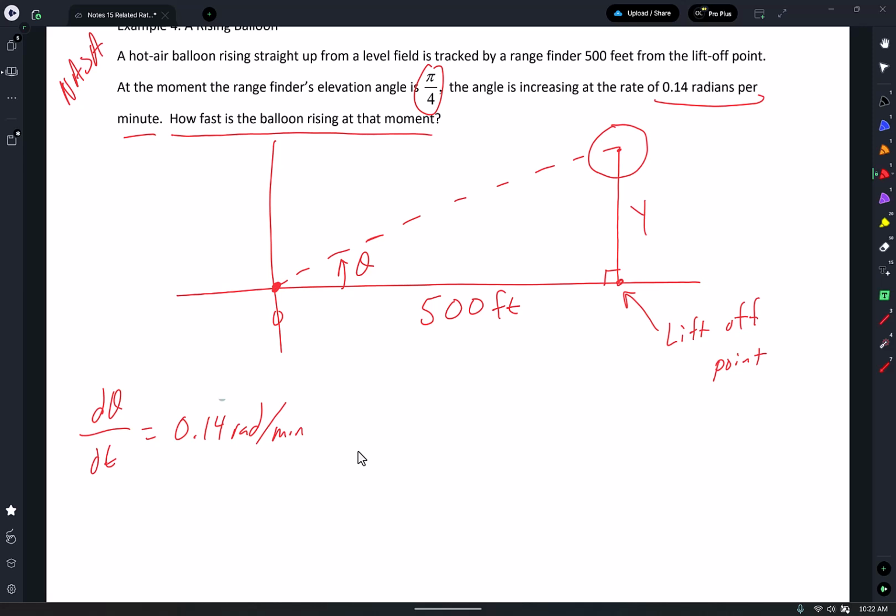How fast is the balloon rising? What's the symbol for that? This is Y. Yeah, they want to know how fast the balloon is rising. What do they want? They want dy dt. Write that down. Dy dt. Put a question mark. This is what we want.